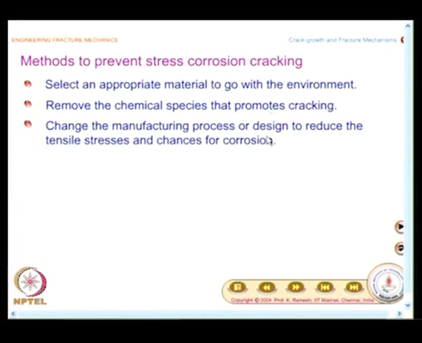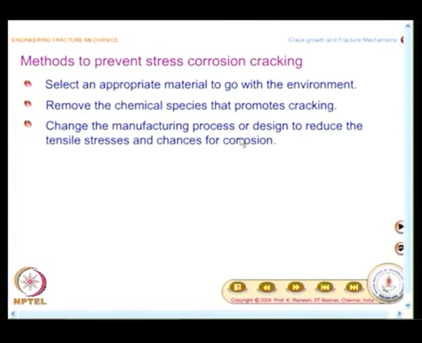And the third step is, we have already seen in the case of active path dissolution, tensile stresses cause the correct environment for the crack to grow. So, you look at the manufacturing process as well as the design to reduce the tensile stresses and chances for corrosion, because the combination of stresses and corrosion will lead to stress corrosion cracking.